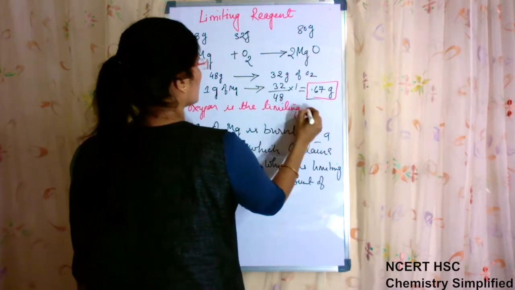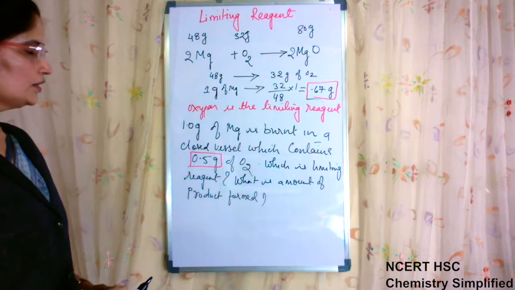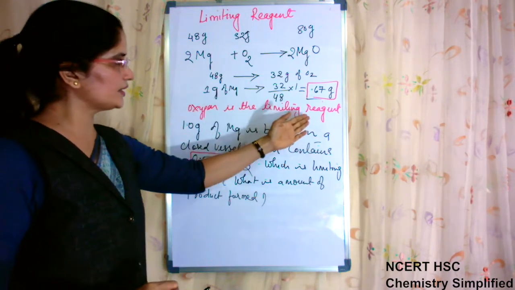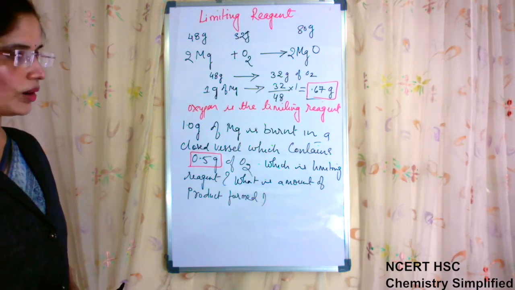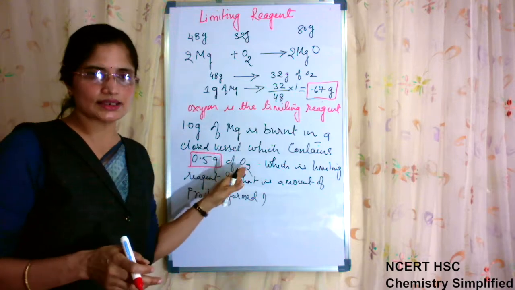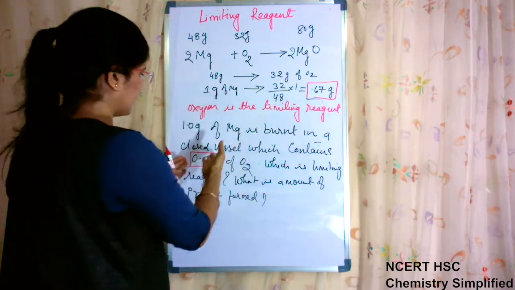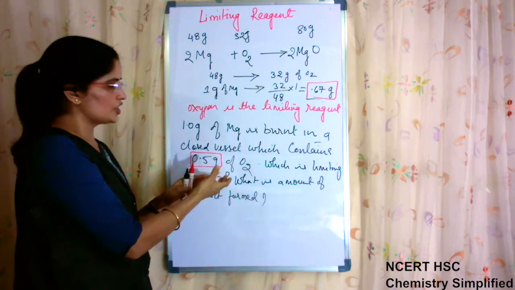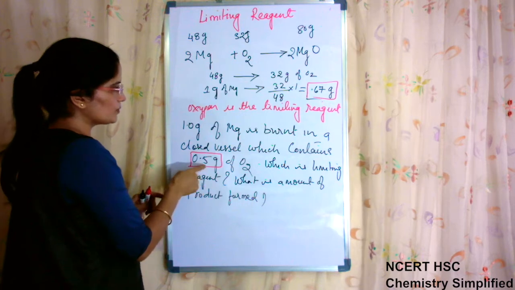So oxygen is the limiting reagent, the first part of the question. Now when one of the reactants is the limiting reagent, the product is always formed according to the reactant which is present in less amount, because actually required is 0.67 but available is only 0.5 grams. So product will not be formed according to 0.67, it will be formed according to 0.5.